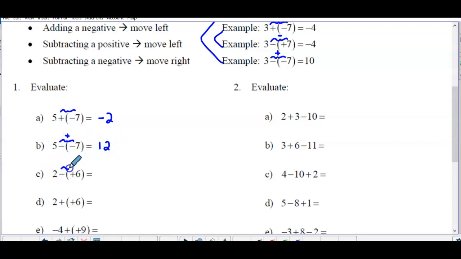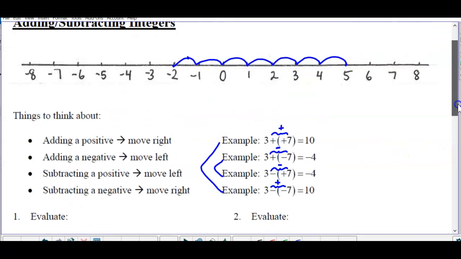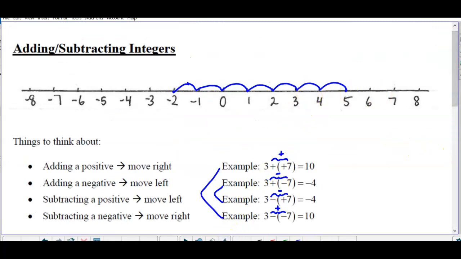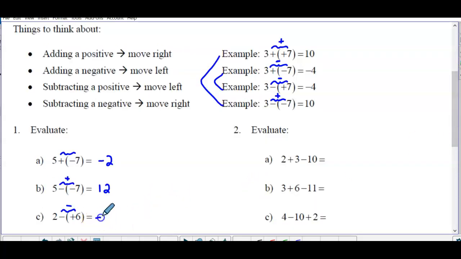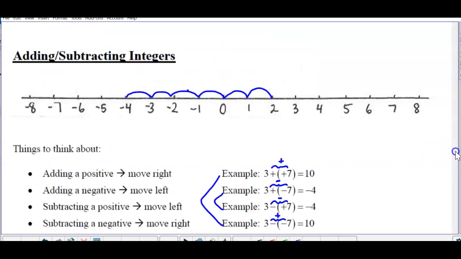Okay, 2 subtracting a positive is subtracting, so you're moving left on the number line, 2 to the left 6. So here, 2 to the left 6, 1, 2, 3, 4, 5, 6, ends up at -4. Oops, sorry.